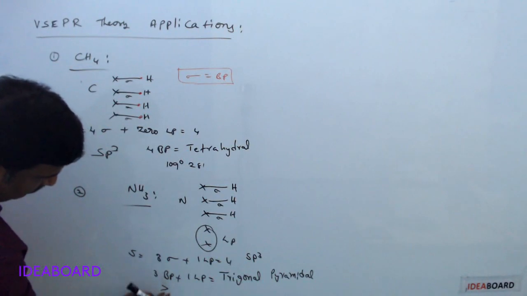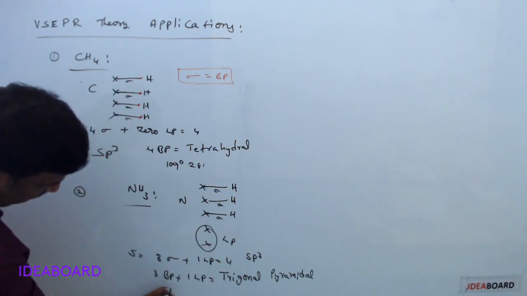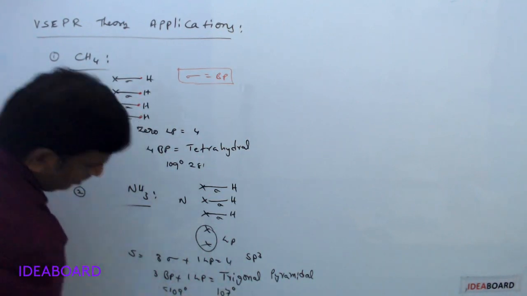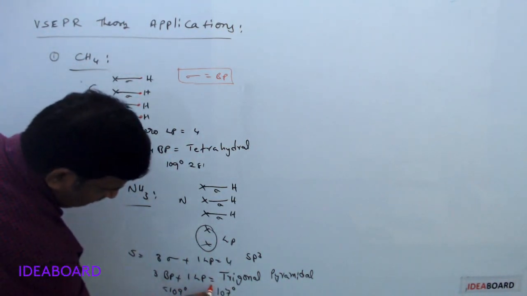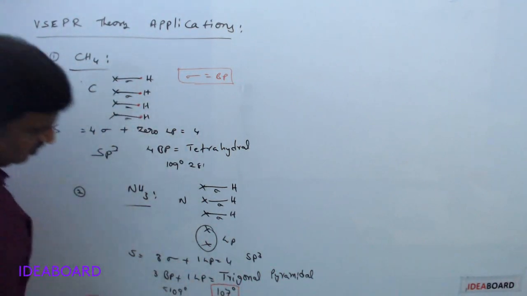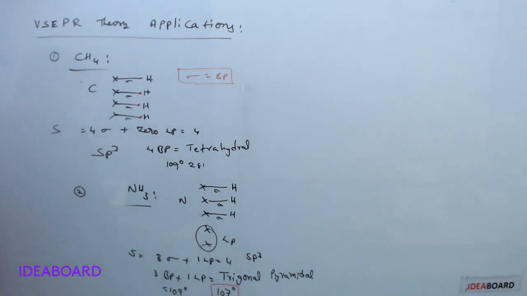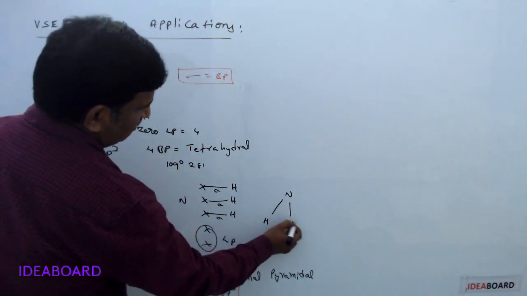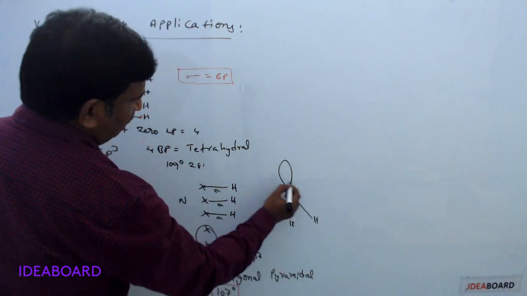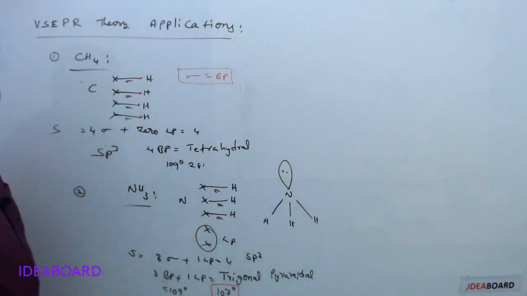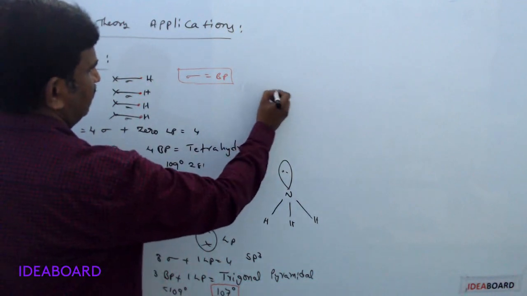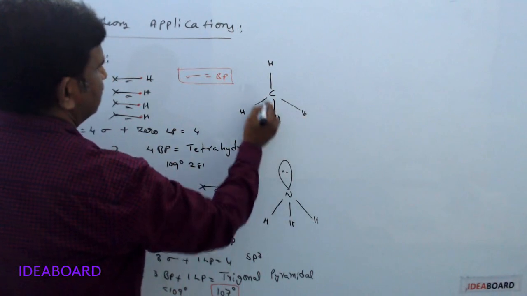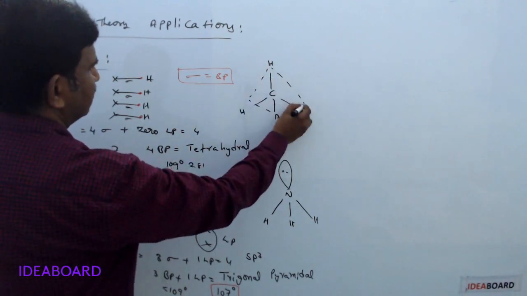It is less than 109 degrees; the practically proved value is 107 degrees for the NH3 molecule particularly. As the shape we can see, the hybridized orbitals are present with a lone pair. And for the CH4 molecule, the tetrahedral shape I already gave. So this is the shape of the CH4 molecule, a tetrahedron.